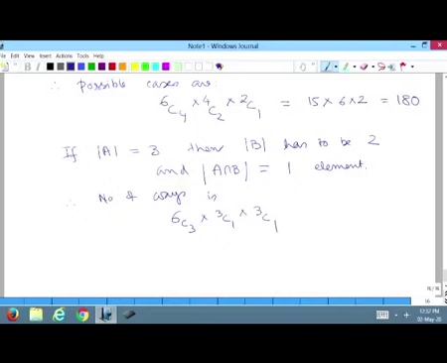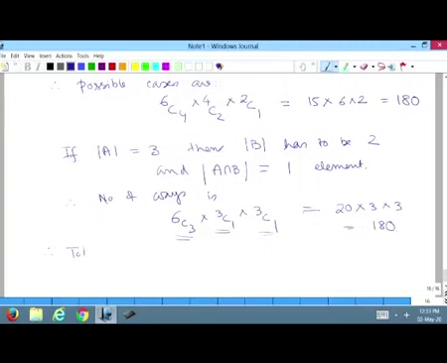Out of 6, we choose 3 for A, out of these 3, we choose 1 for the intersection, and out of the remaining 3, we choose 1 for B, is equal to 20 into 3 into 3 is equal to 180.